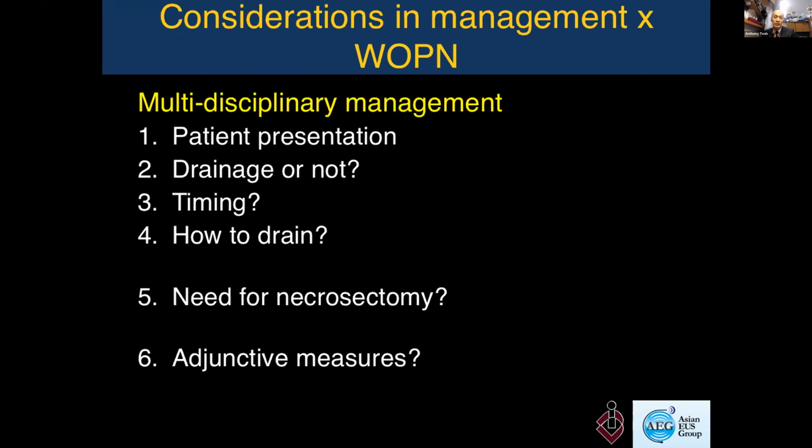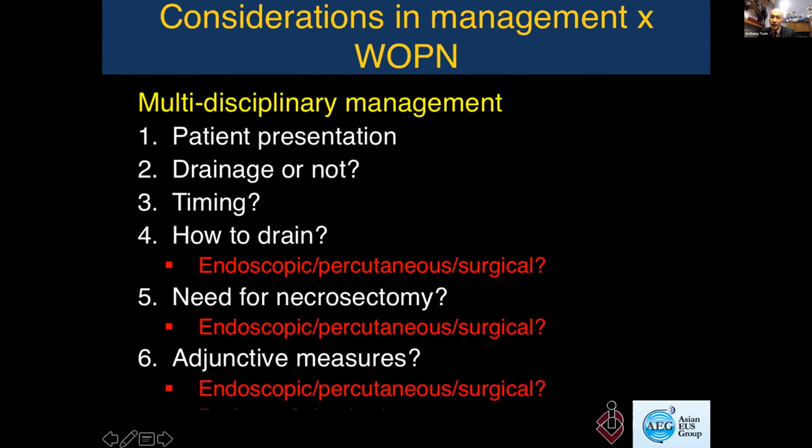Then you may need to consider other types of drainage like percutaneous. And after drainage, there is always the need to consider a necrosectomy. So again, there are various options, including endoscopic, percutaneous, or even surgical. And in terms of adjunctive measures, these patients will more often require some irrigation or even nasocystic catheters for irrigation, and also sometimes necrosectomy.